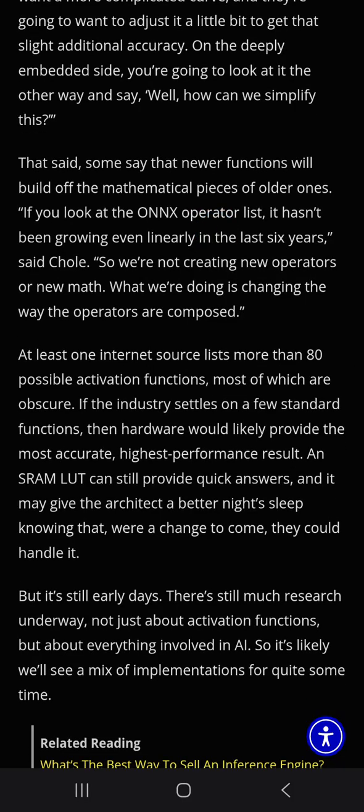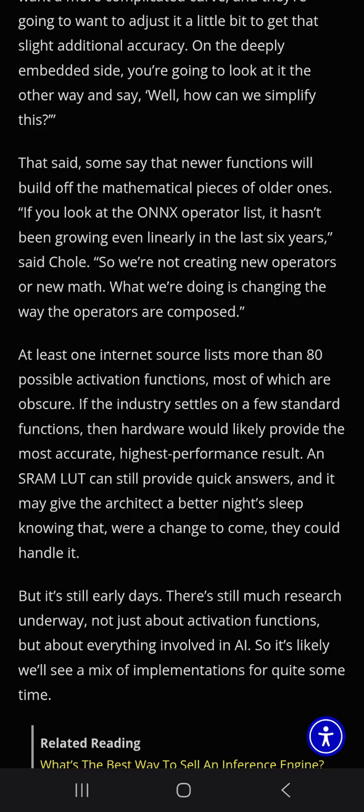That said, some say that new functions will build off the mathematical pieces of older ones. If you look at the ONNX operator list, it hasn't been growing even linearly in the last 6 years, said Cho. So we are not creating new operators or new math.